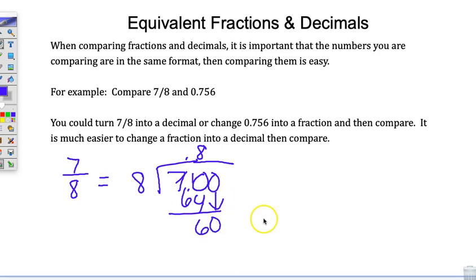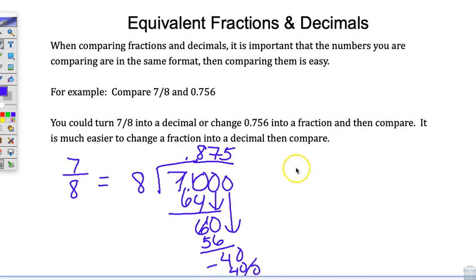So now I have 60. 8 will go into 60 7 times, that's 56, and it looks like I'm going to have a remainder of 4. When I add one more 0 and bring it down, I have 40. 8 will go into 40 5 times, and that is exactly 40 with no remainder. So 7/8 is equal to 0.875.